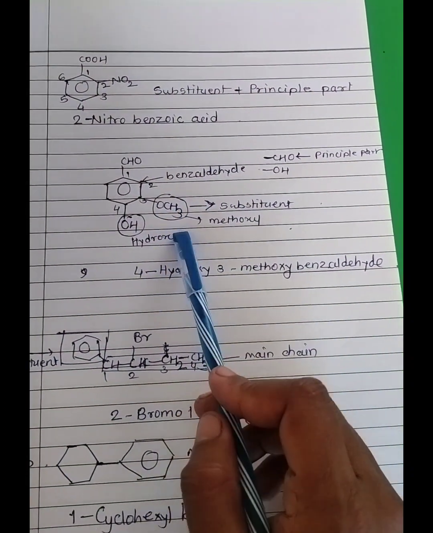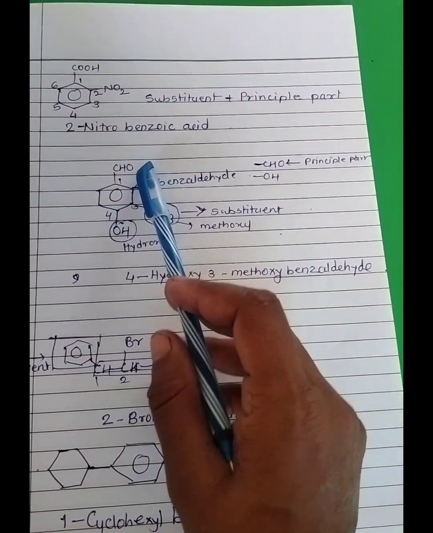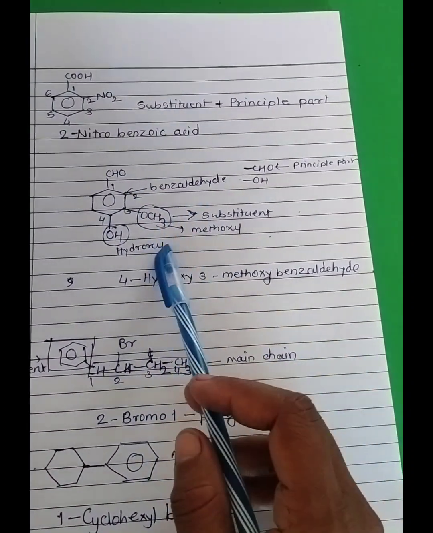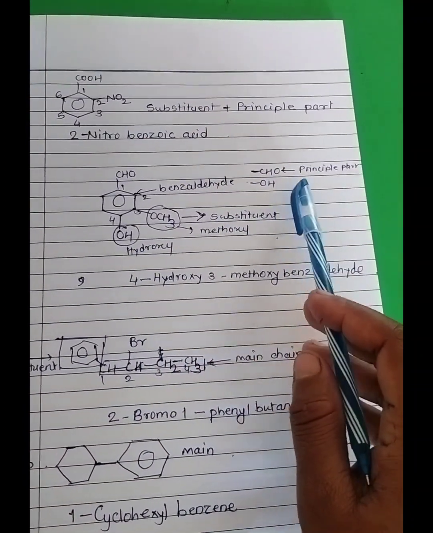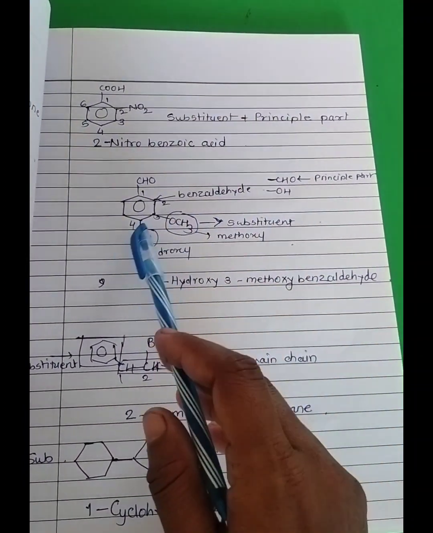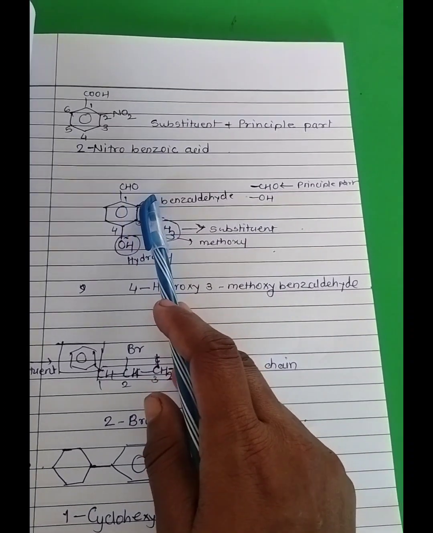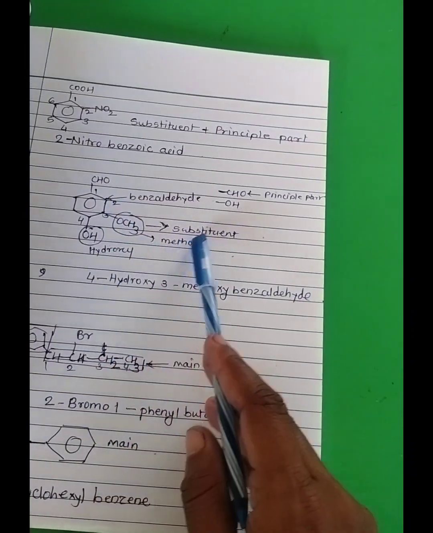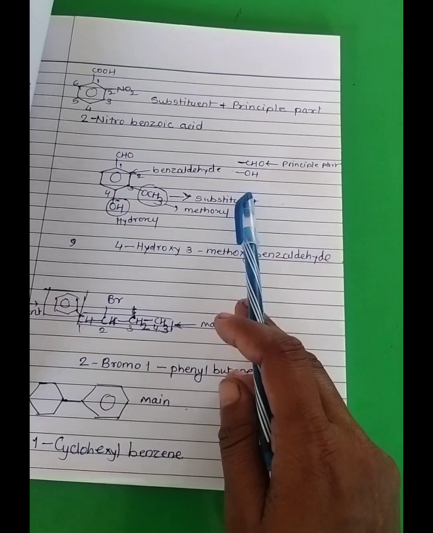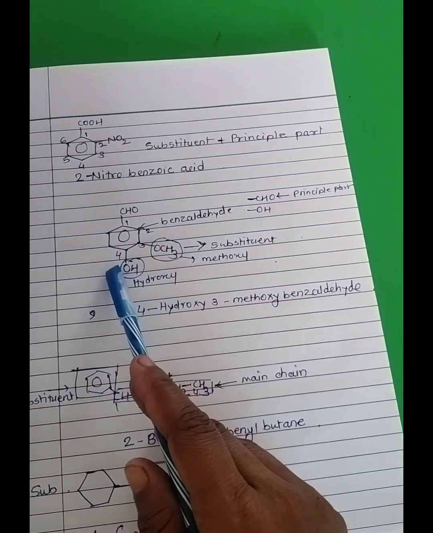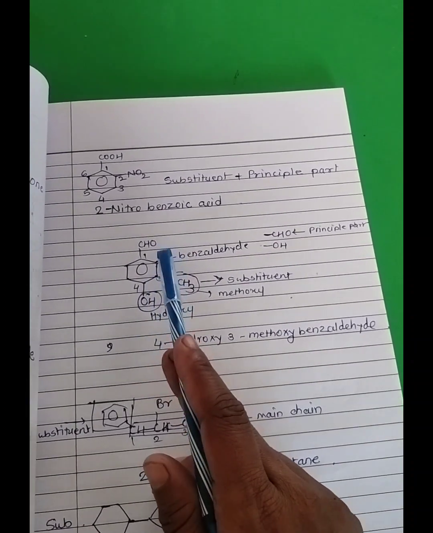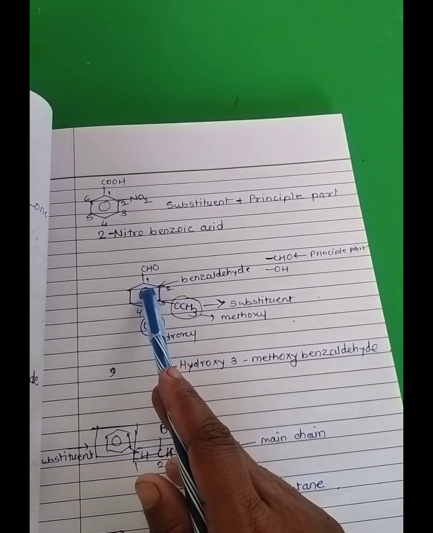Here with OCH3, OH and CHO, more than one functional group is attached, so CHO is the principal part because CHO comes first according to the functional group priority order. Then the substituents are named first: 4-hydroxy-3-methoxybenzaldehyde.